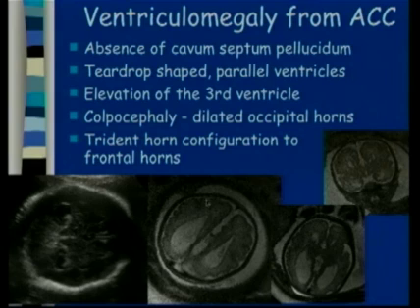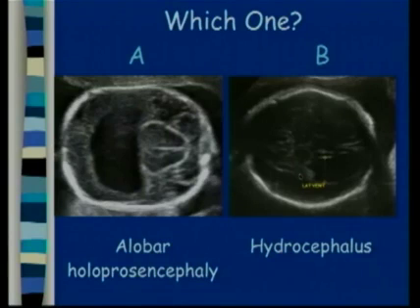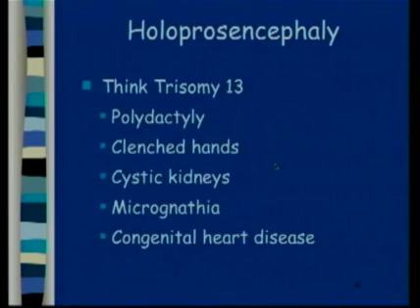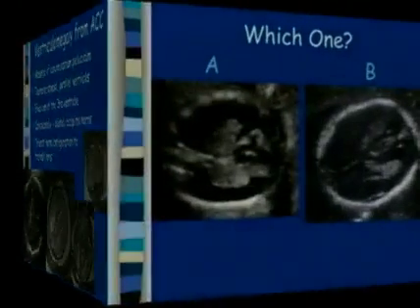This appearance of the teardrop is called colpocephaly, with dilatation of the occipital horns. And the frontal horns have this trident horn appearance, and that is classic for ACC. So let me go back and show you the teardrops here on the original picture, that teardrop parallel picture of the ventricles. That's usually the one thing that we can pick up.